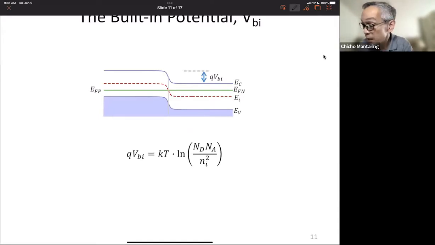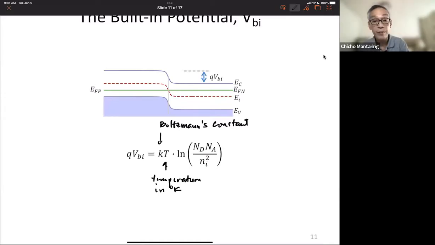Where k is Boltzmann's constant, T is your temperature in degrees Kelvin. N_D is your donor concentration, N_A is your acceptor concentration, n_i is your intrinsic concentration, and q is your electron charge.